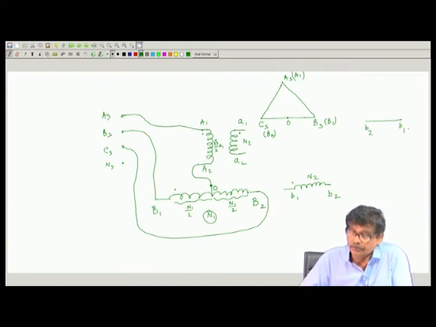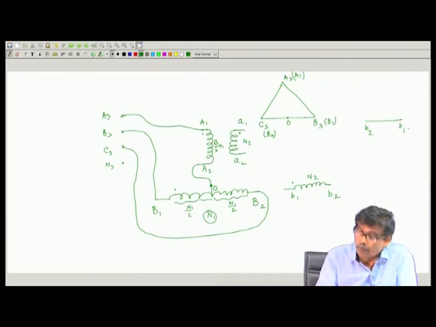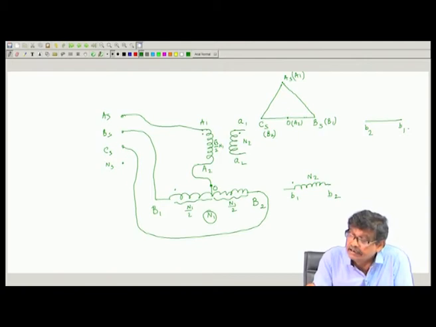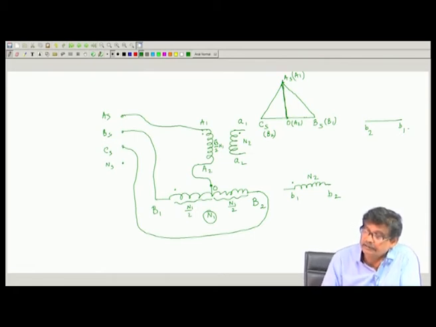So, this point is O. This O point is also your A2 point, because you have connected it like that. And this is A1. So, the voltage applied across the primary of transformer A is this vertical line.